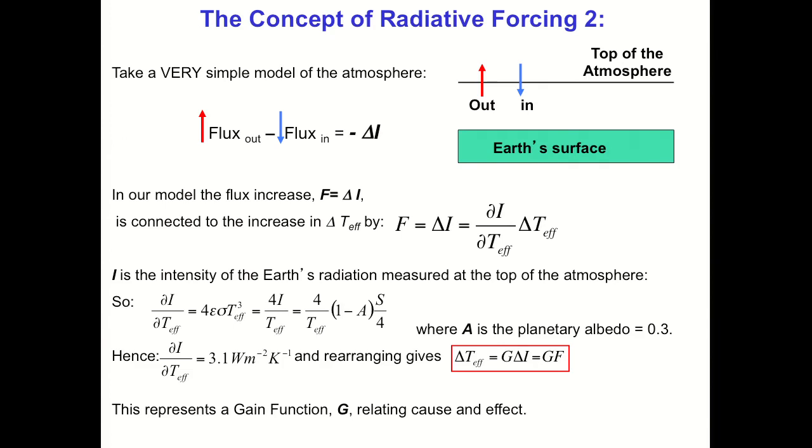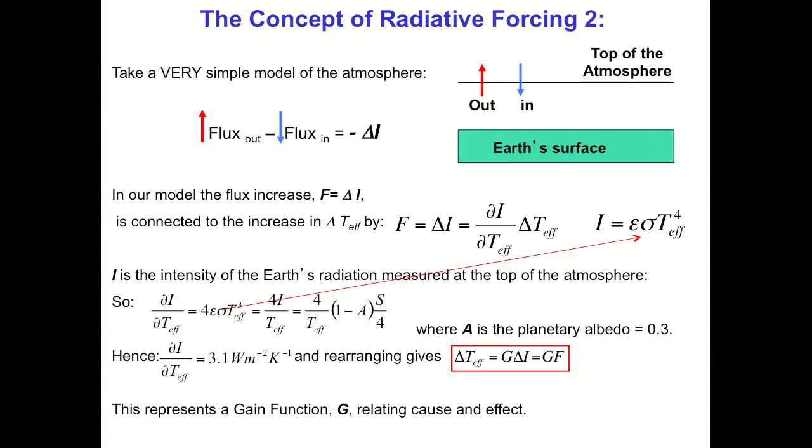So, I'm sure you can all differentiate. I, remember, is given by the Stefan-Boltzmann law, epsilon sigma T to the fourth, with an epsilon in there usually. So let's differentiate that, and we get 4 epsilon sigma T cubed. And of course we can simply rewrite that as the original expression for I: 4 times I divided by the temperature.